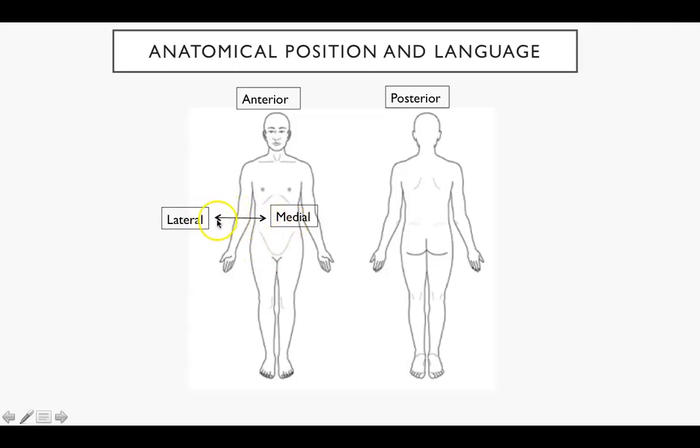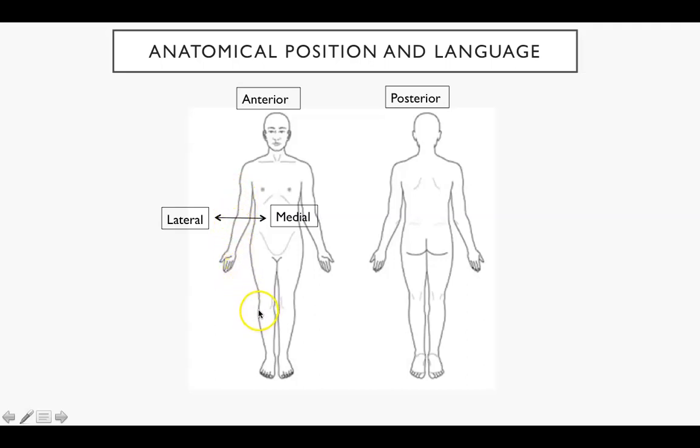And on the outside of that line, going away from it, is lateral. So for example, in this position, the inside of the elbow is known as the medial aspect of the elbow. If we go to this side, the outside of the elbow is classed as the lateral aspect of the elbow. Hopefully that makes sense.